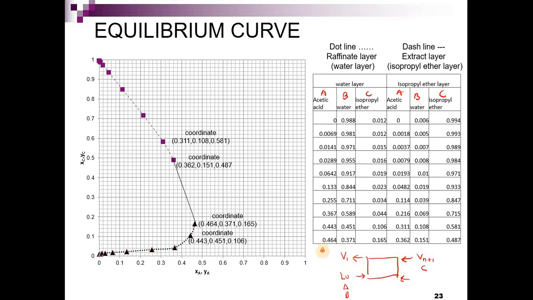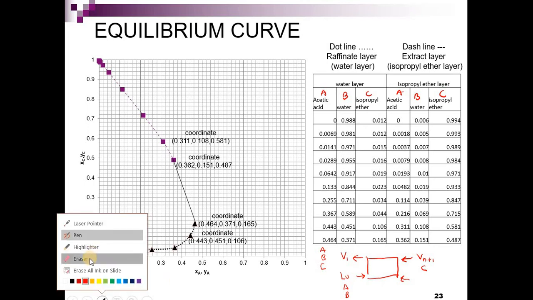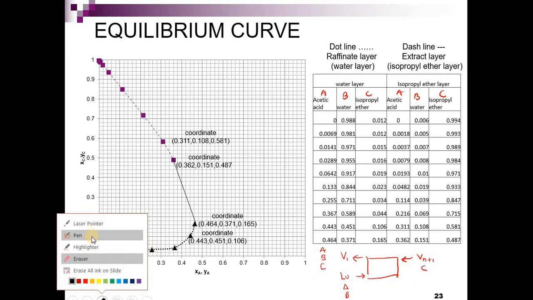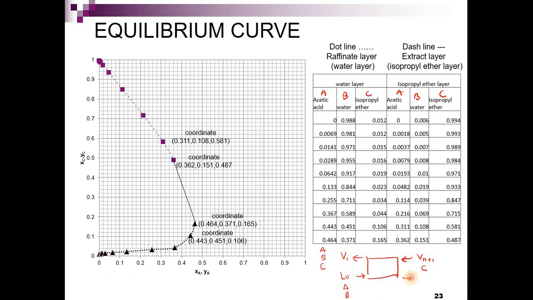It will have A, B and C. And this will be the raffinate, or we call it L1, and it has component A, B and C.